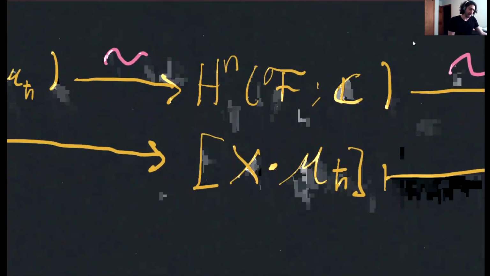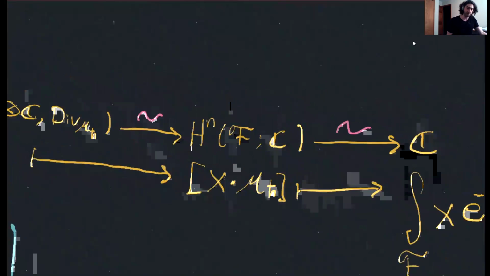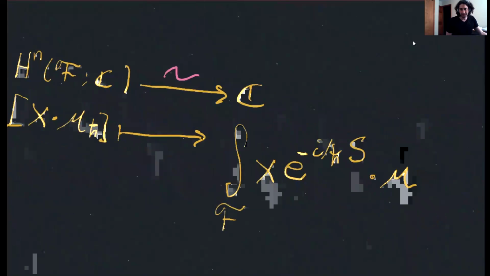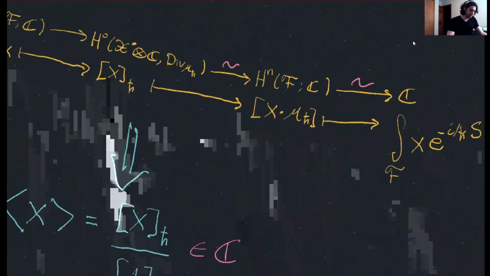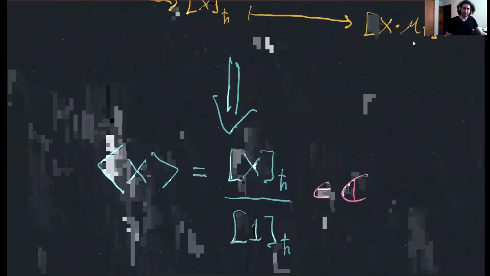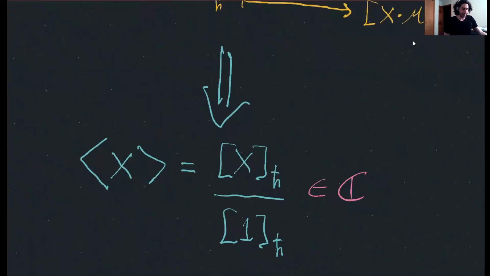And Hn is the same thing as C, where the isomorphism is integration. So you can define the expectation value as the image of x in cohomology divided by the image of 1 in cohomology, and that gives you an answer.